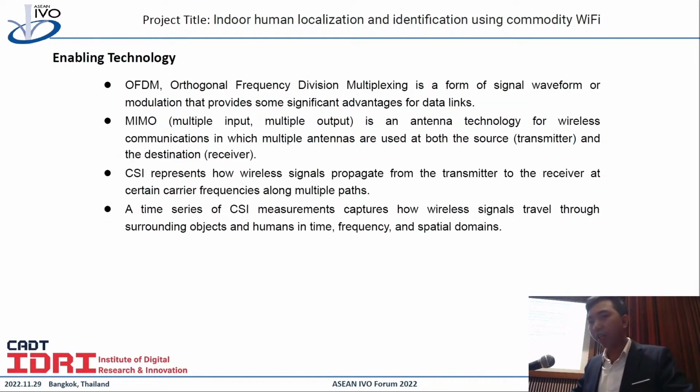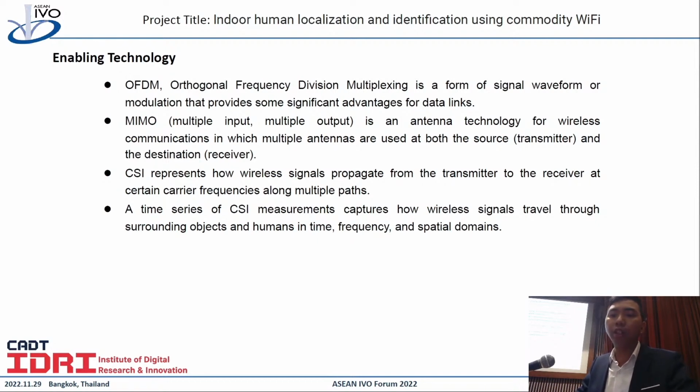Let me quickly go through the enabling technology, though we will not go into detail. OFDM is one of the main technologies that lead to this project. And MIMO is another very important technology, with multiple inputs and multiple outputs through multiple antennas on those wireless communication devices.